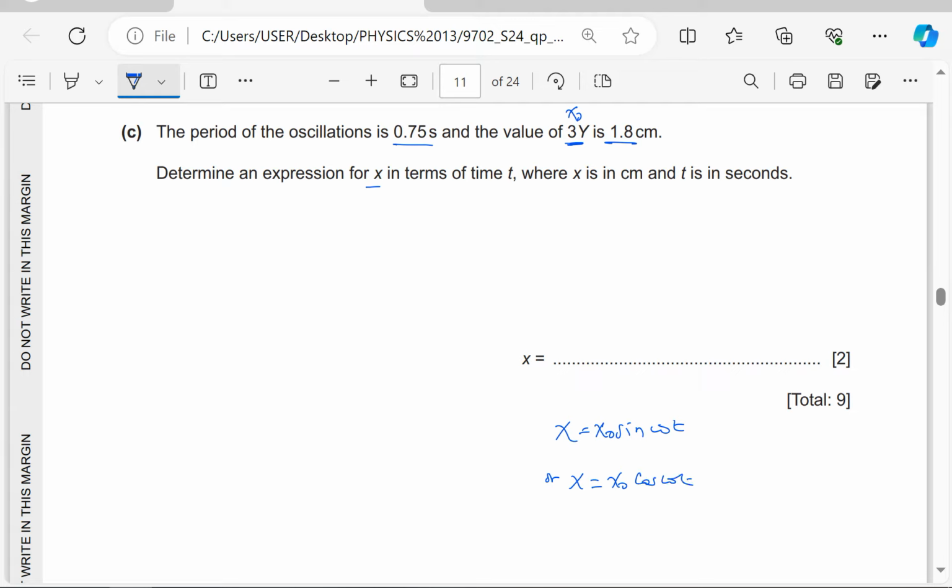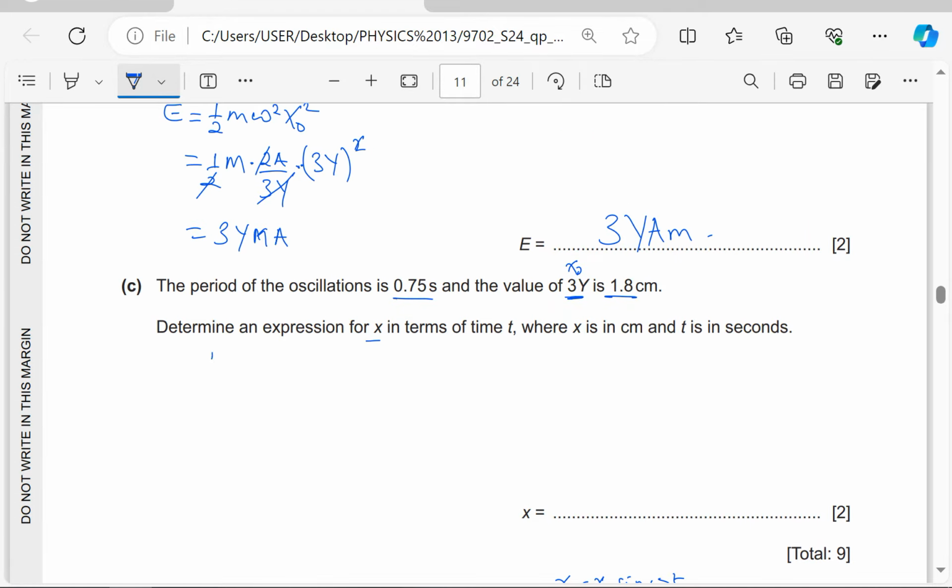All I need is to find x naught and omega. Omega, the angular frequency, is 2 pi divided by T. I don't know the other values, so I will just use 2 pi divided by T.